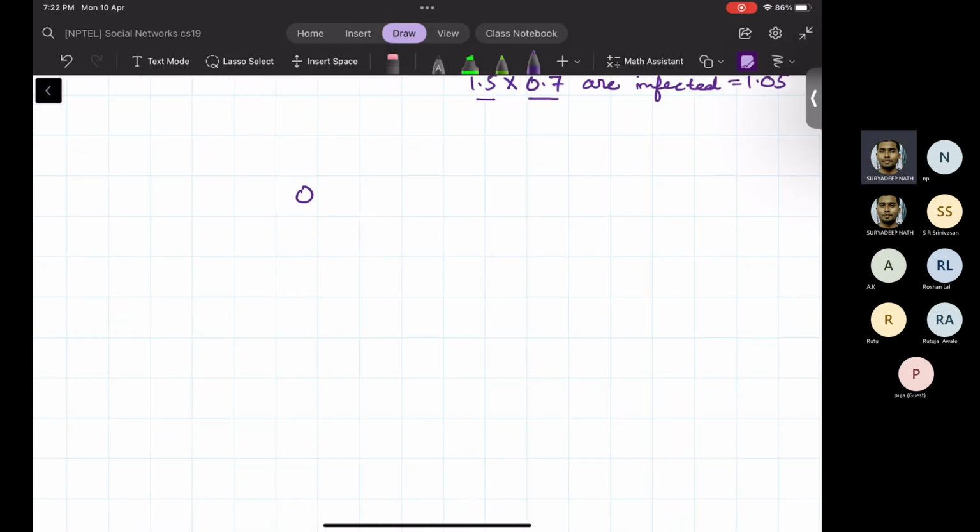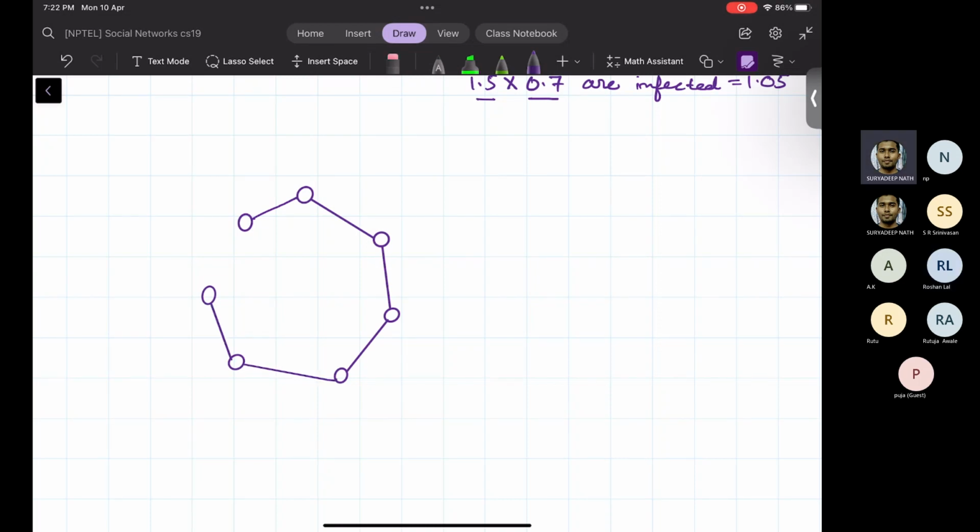Let me draw the network. If we see here, sir, the small world experiment, it will take each letter an average of 6 hops to reach the destination from the source.